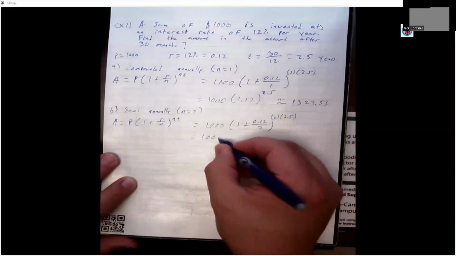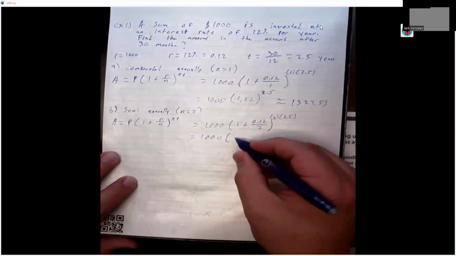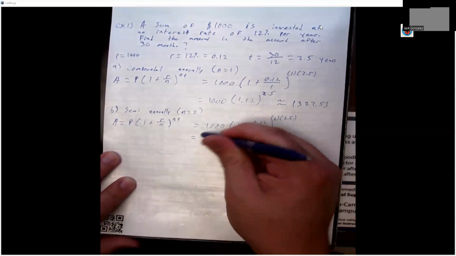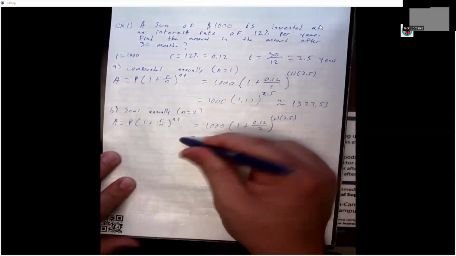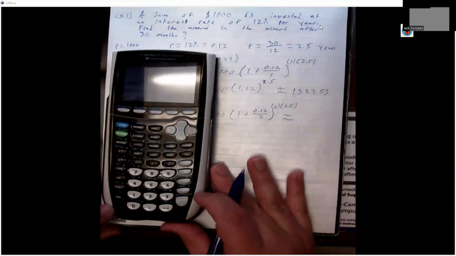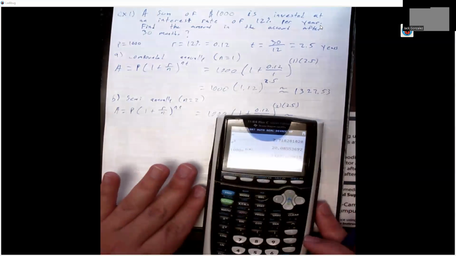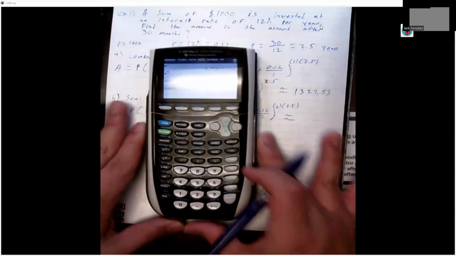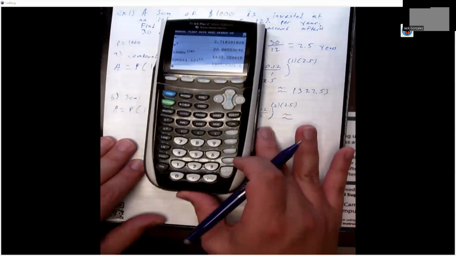Make it a little prettier before I plug it in. I'll just put this squiggly line once I use the calculator because it's an approximation at that point. Right? Okay.